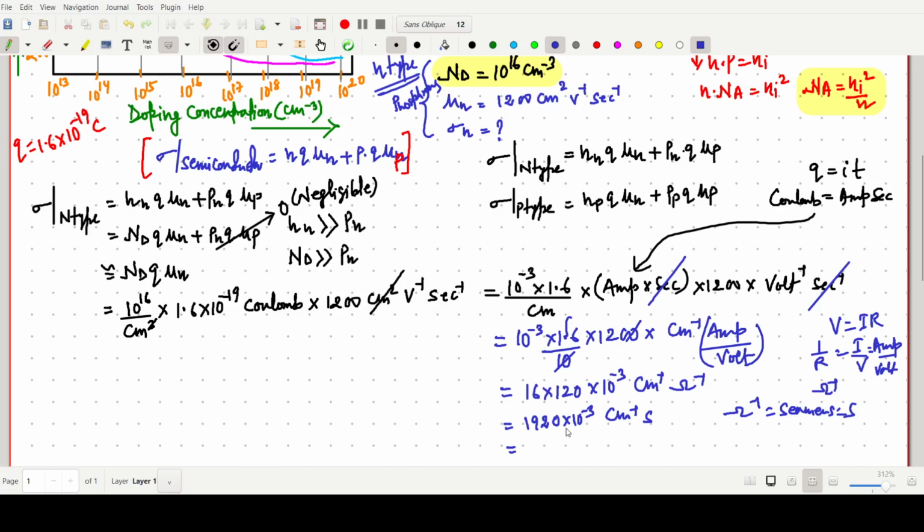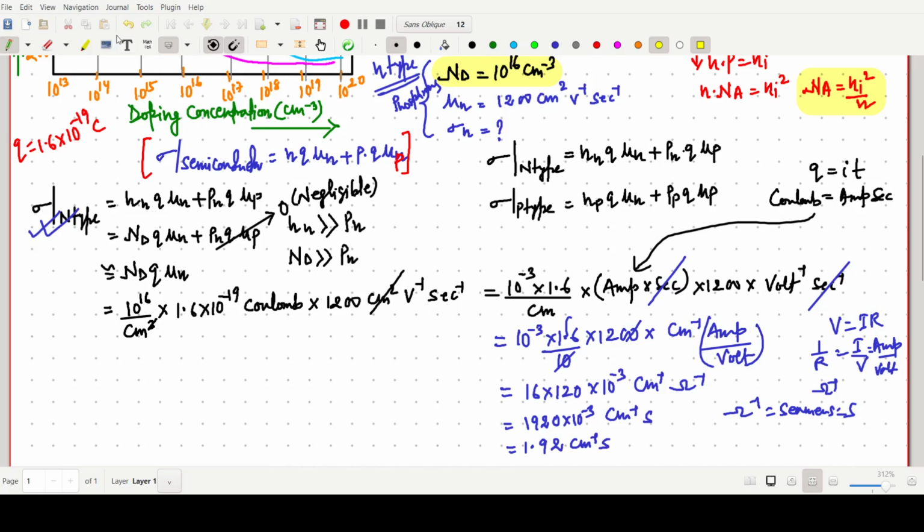If we solve this, it should be 1.92 Siemens per centimeter. So this is the conductivity value. This is a very important question, but we have to know the concept and break down the units very carefully, then we can easily identify the answer. So this is all about this simple question.